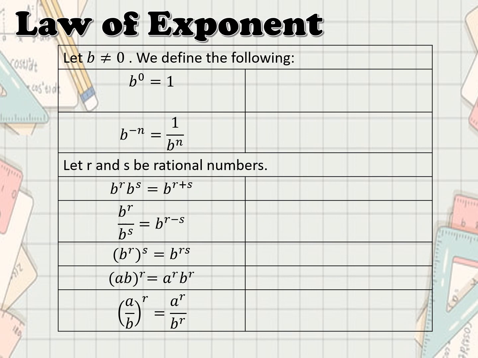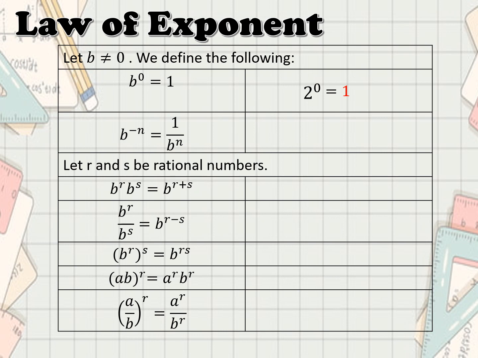Okay, before we start in solving exponential equation and inequalities, let's review the laws of exponent. First is the zero exponent. Any number raised to 0 always gives positive 1. For example, 2 raised to 0 is equal to positive 1. Next is the negative exponent.